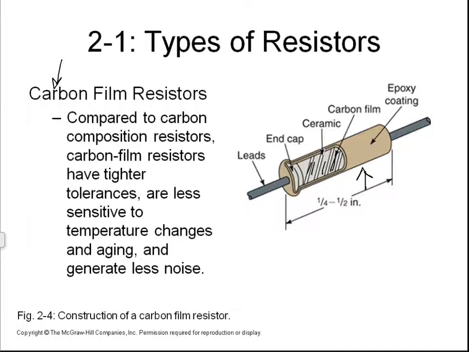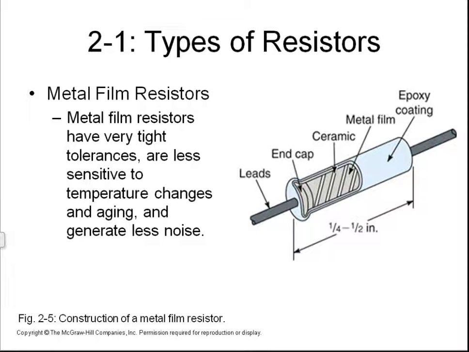They produce less noise. They're a good item to use, but they're a bit more expensive than normal carbon composition resistors. Metal film resistors, same thing. Basically same construction, same advantages. Disadvantages, they're still a little bit more expensive, and manufacturers are still using the cheaper stuff.